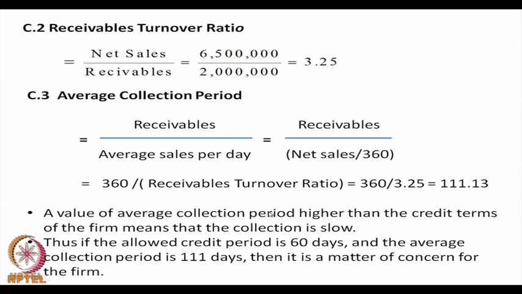A value of average collection period higher than the credit terms of the firm means that the collection is slow. Thus, if the allowed credit period is just 2 months, 60 days, and on an average you are getting the receipts in 4 months or 111 days, it means that it is a matter of concern for the firm. Their cash position may be affected because of this late payment.